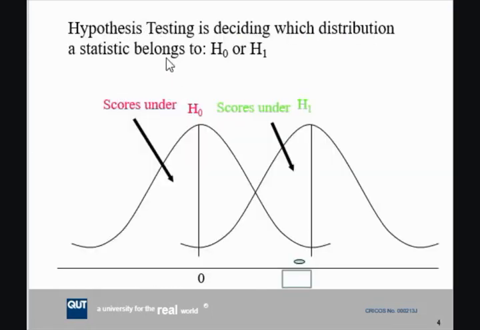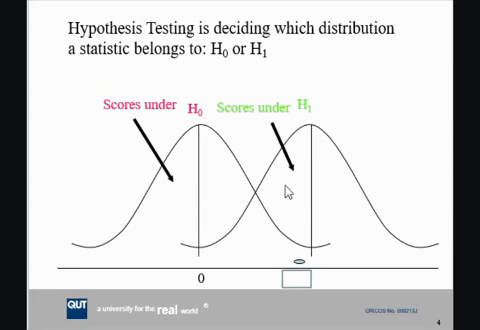So remember back to the logic of hypothesis testing. What we're simply trying to do is decide whether our sample statistic belongs to the null hypothesis comparison distribution, that is the distribution where the IV has had no effect, or if it's such an extreme score that it's more likely that it's come from our research or alternative hypothesis, where our IV has had an effect.